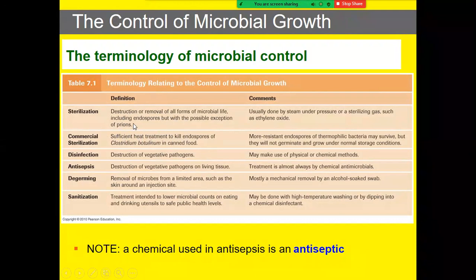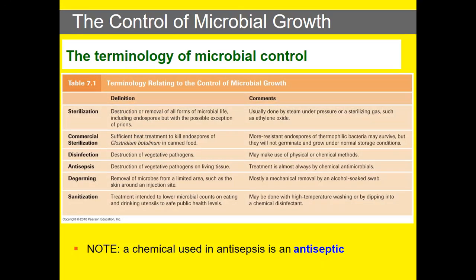To kill prions, you need to either subject them to an enzyme that digests proteins, meaning a proteinase, or you have to subject the agent to 1,000 degrees Fahrenheit to kill the prion. And we do not know why prions are so difficult to kill. But sterilization does not refer to the removal of prions, but it does refer to the removal of endospores.